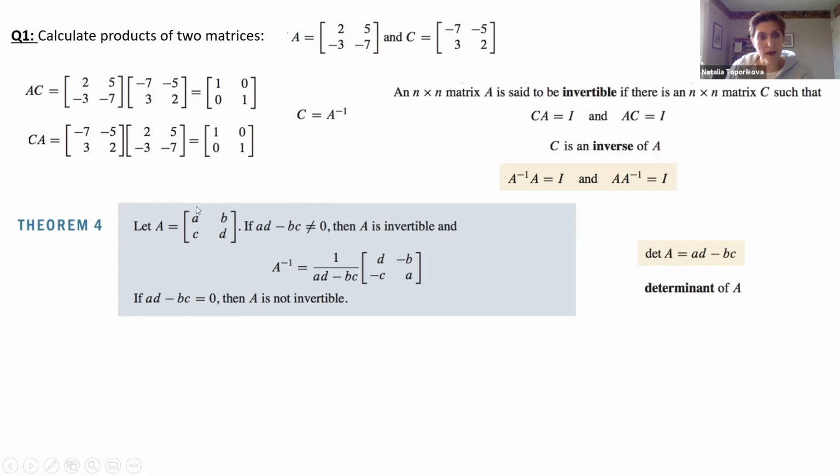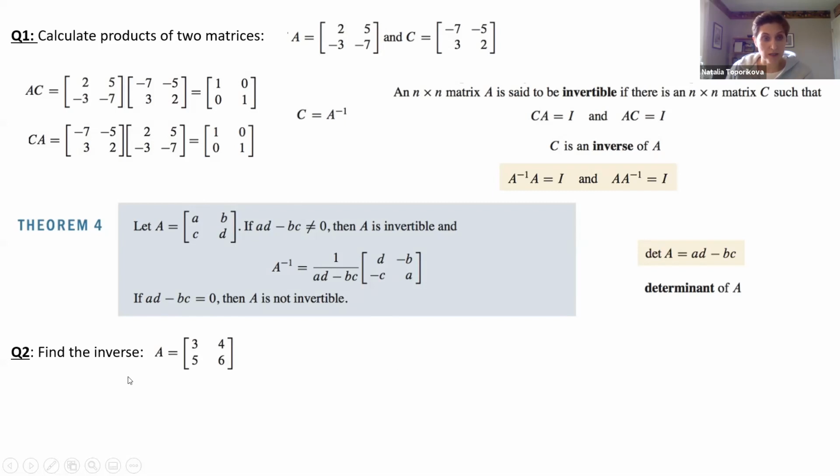We take our left diagonal and switch the elements, so the D goes up and A goes down. From our right diagonal, we keep the elements, but we multiply them by -1. I know it looks a little bit complicated, but if you do it 3-4 times, you will almost naturally remember this formula. The best way to remember any mathematical formula is to apply it several times.